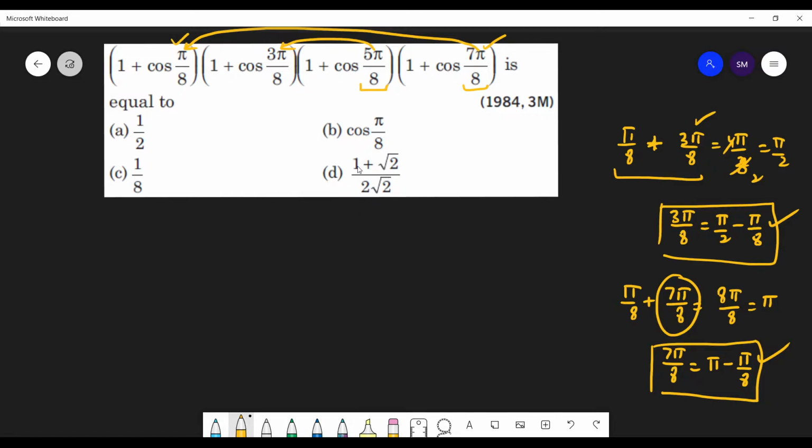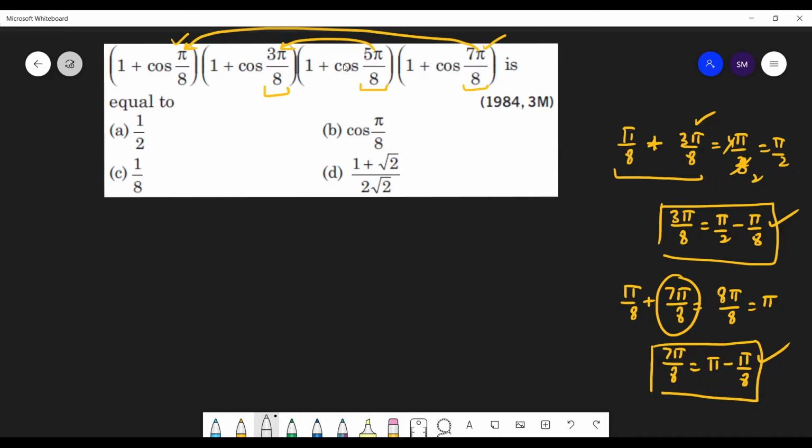So students, there are actually different ways of doing these kinds of questions. Ultimately we'll be getting pi by 8. So 3 pi by 8 can be written as this, 7 pi by 8, even 5 pi by 8. But as I told you, we need to touch the larger angles. The larger angles are 5 pi by 8 and 7 pi by 8.